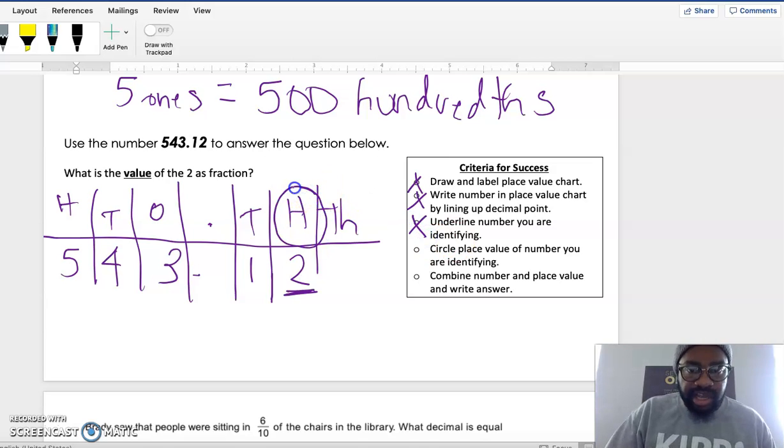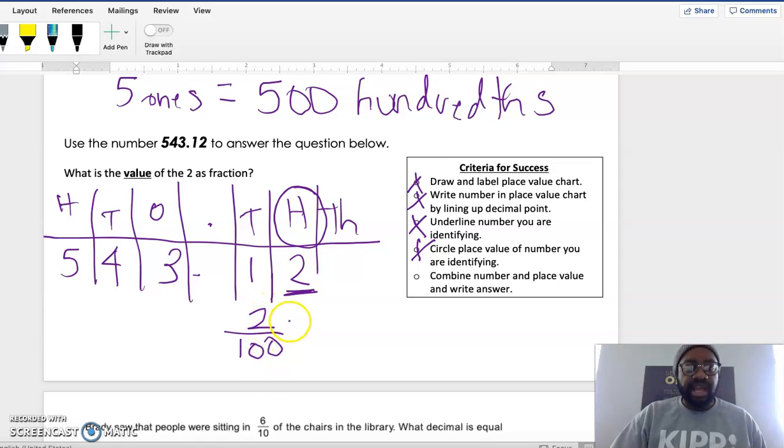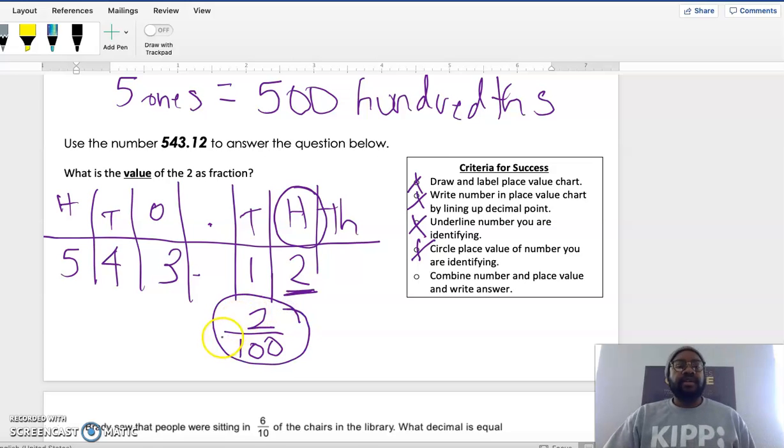This 2 is in the hundredths place. So now I'm going to combine the number and the place value. So 2 hundredths is the same as saying 2 over 100 because I have 2 of these hundredths. So this is the fraction for that value.